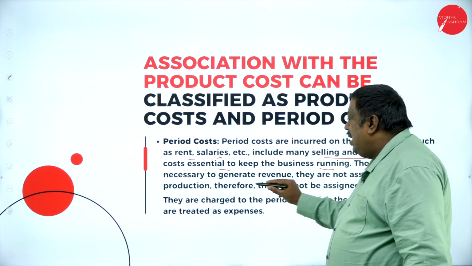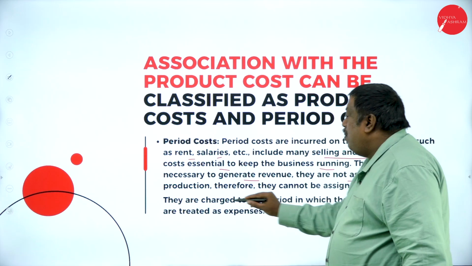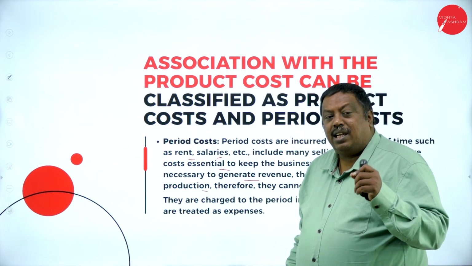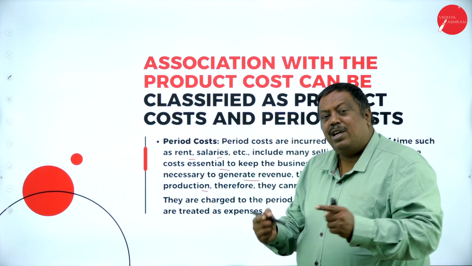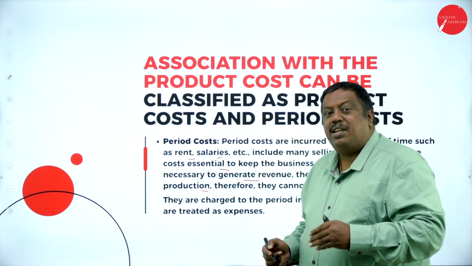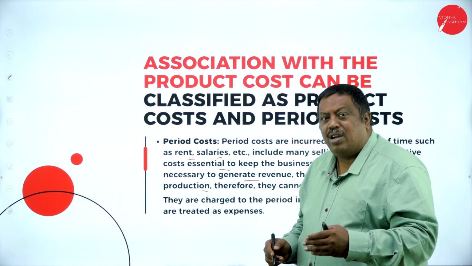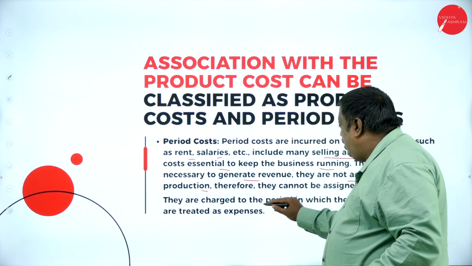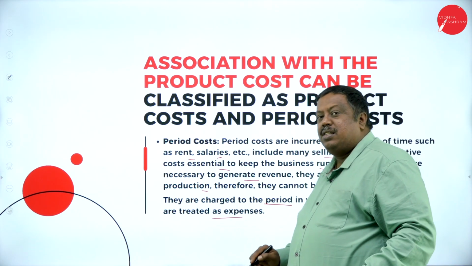Though they are necessary to generate revenue, they're not associated with production. Say, the rent we are paying is not linked with my production, but even though it is there to generate revenue, it is much required to incur such type of cost. They are charged to the period in which they are incurred and are treated as expenses.